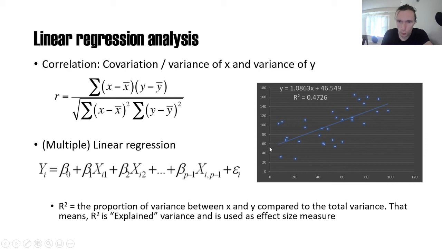In this case, this would be somewhere around 50, 55-ish. So this B0 in this example would be 55-ish. Plus, in this case there are only two variables, one independent variable and one dependent variable, which means that in this example there would only be B0 and B1. Those B2 and everything else you can ignore, because that wouldn't be the case here.